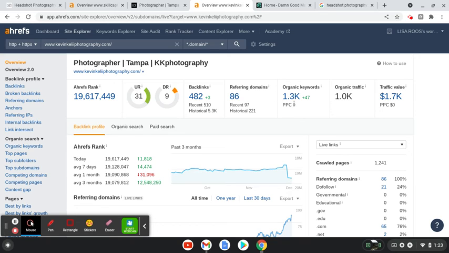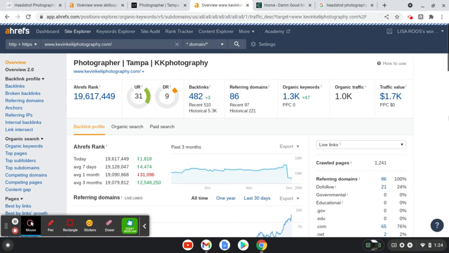They're being found for 1,300 keywords, and they're getting over 1,000 views on their website organically just through Google per month. Does that mean they're making 1,000 sales per month? Not necessarily. Really, your capture ratio is probably 8 to 10%, but still, that would be a fair amount of new clients for you.